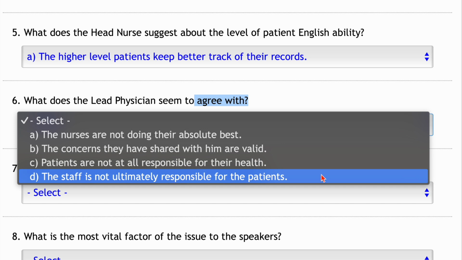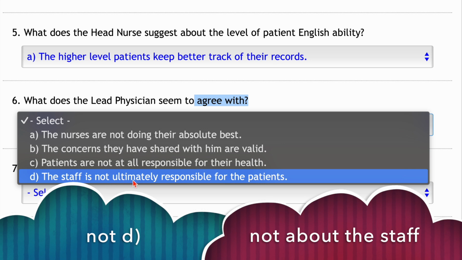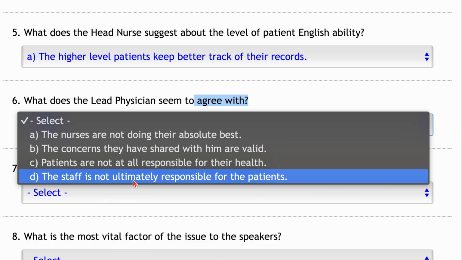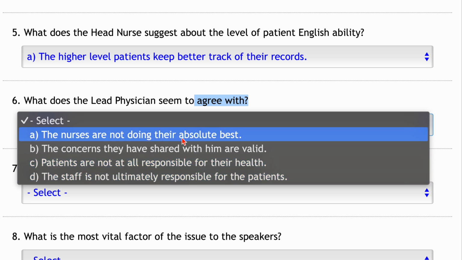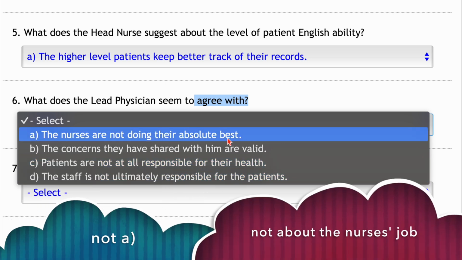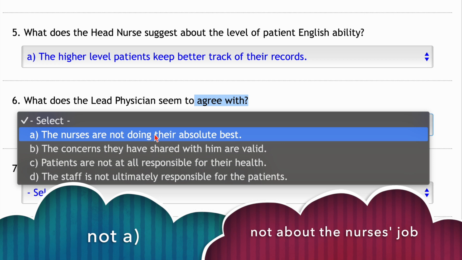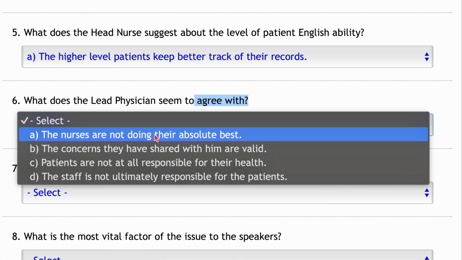Well, not D, because he mentions that they are or they could be responsible. Okay? Also, they didn't talk about the nurses doing their absolute best. So it's not A. They didn't talk about that. He actually could be suggesting they're not doing their best.